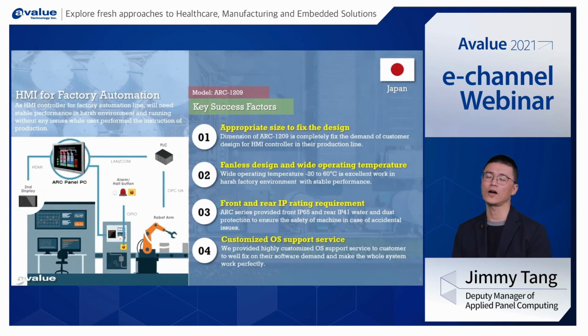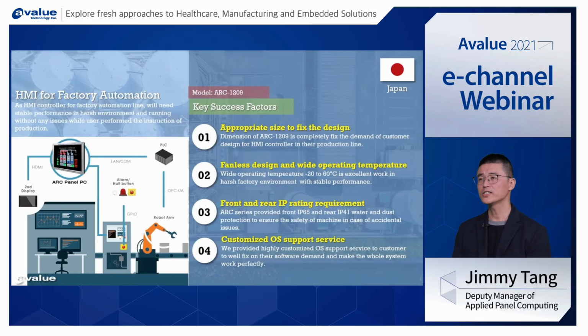And another project in the Japan market is traditional HMI for factory automation. You can see in the pictures, as I explained about IT and OT in the beginning, this is a very standard use in factory automation, showing how customers process their HMI across IT and OT.